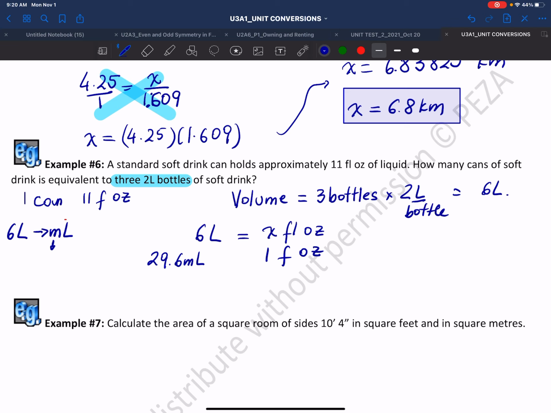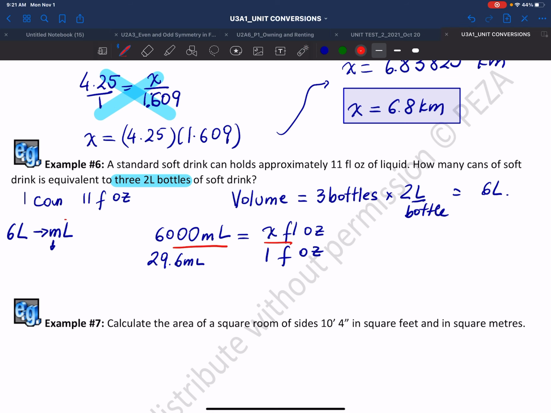So we're going to say that 6 liters can be replaced by 6,000 milliliters.